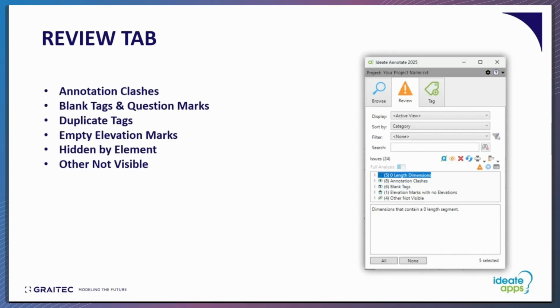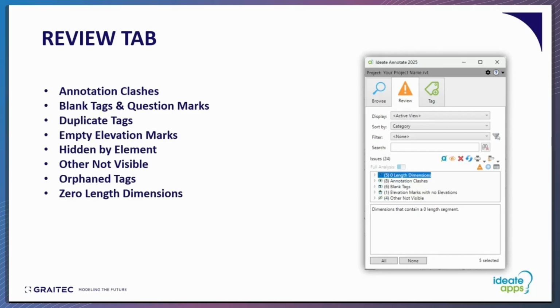So not only will it identify the particular issues, but also as a bonus, it can help you sort them out and correct them. These could include orphan tags and zero length dimensions. A zero length dimension occurs when you have a dimension on something, but that particular item is removed, and sometimes the dimension that's associated to that object doesn't actually get deleted as well.